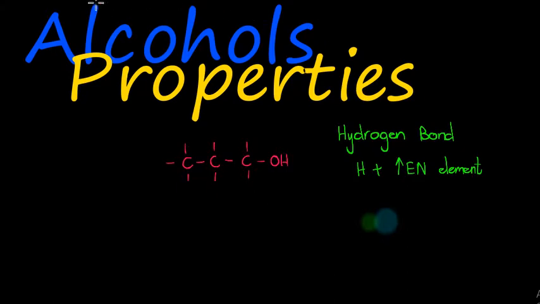What happens in this case, specifically the hydroxyl one, is that because the oxygen has a high electronegativity, in this covalent bond it attracts the electron very strongly towards itself, leaving the hydrogen with its single proton and the electron more towards the electronegative element.